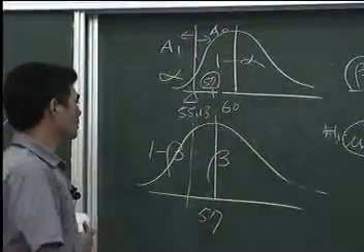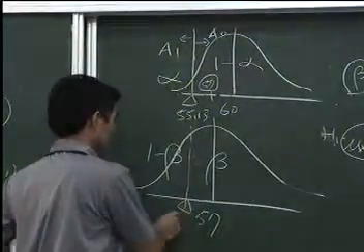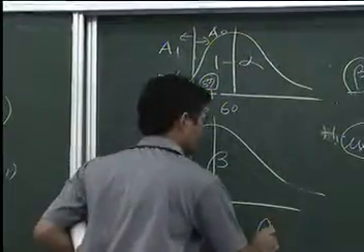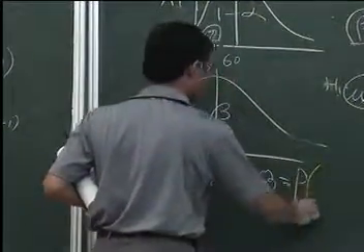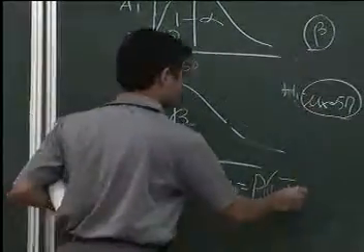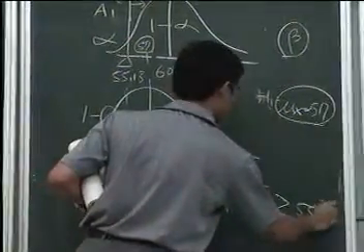And so how to calculate beta? In this case, beta will be equal to the probability of x bar greater than or equal to 55.13.